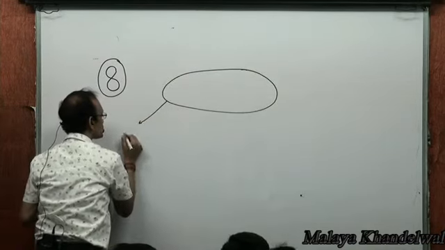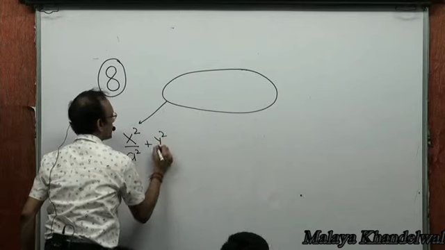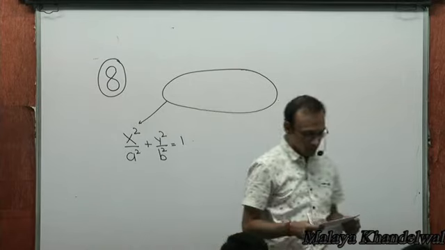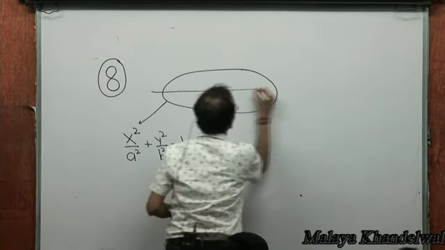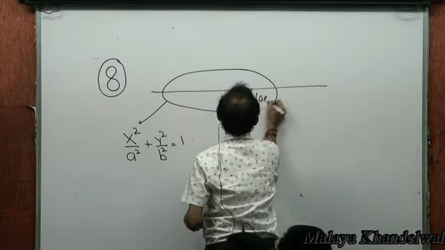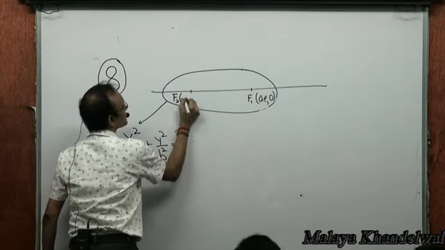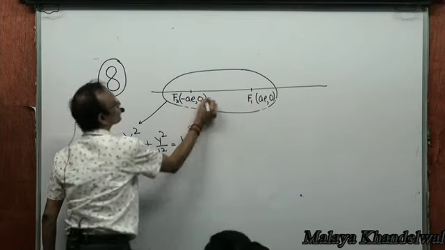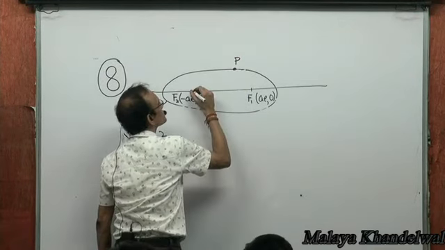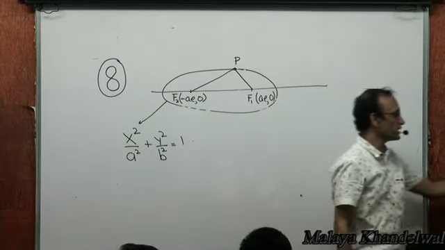There is an ellipse x squared by a squared plus y squared by b squared equal to 1. Its foci are f1 and f2. f1 is one focus, ae comma 0, and f2 is the other focus, minus ae comma 0. P is a moving point on the ellipse, and P f1 f2 is a triangle.